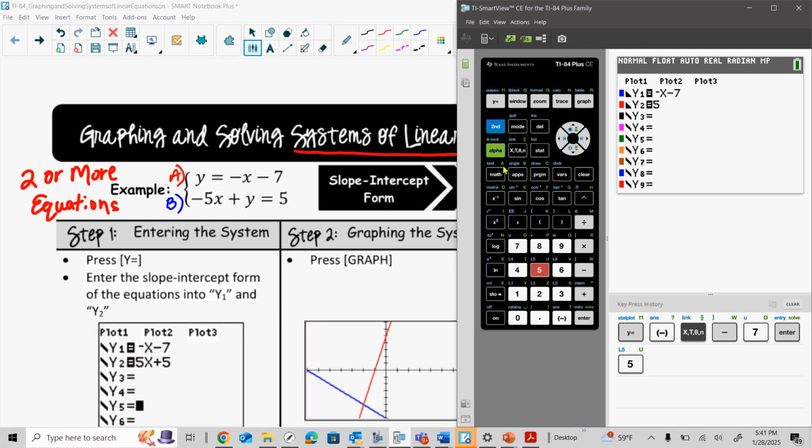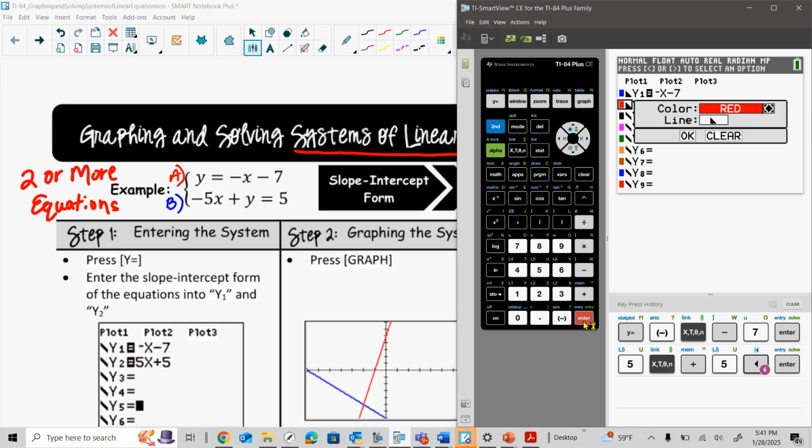Now, on here, you might need to do this. If I look over here, this is going to be a shading, and it's still in my inequalities, those that we were working on earlier. So what you need to do is arrow to the left, hit enter to get your line. And remember, we want our line for these problems for systems. You don't want shading. We don't have an inequality symbol, a less than or greater than.